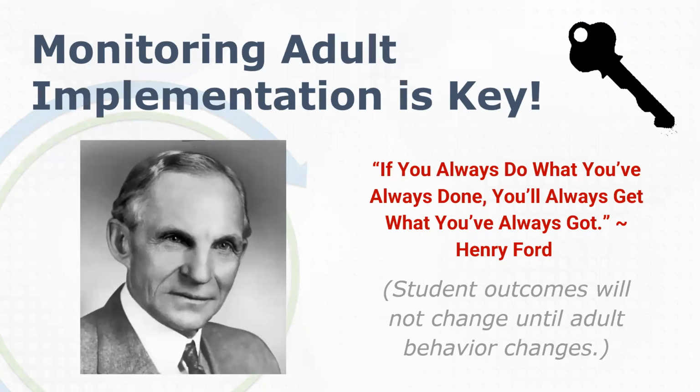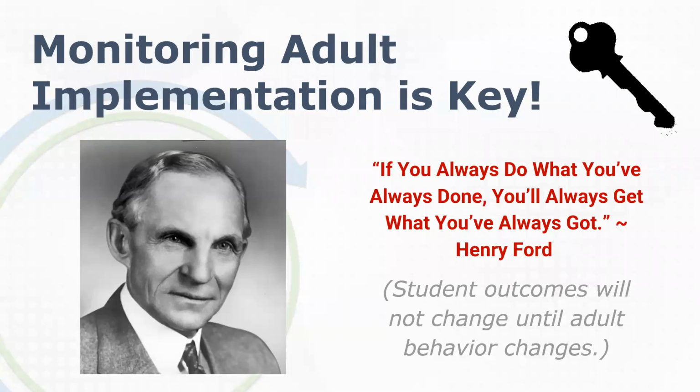So one of the quotes for which Henry Ford is famous is the one on this slide. If you always do what you've always done, you'll always get what you've always got. And this is especially true when it comes to adult behavior. So in terms of continuous improvement, if we want student outcomes to change, we first need to change adult behavior.